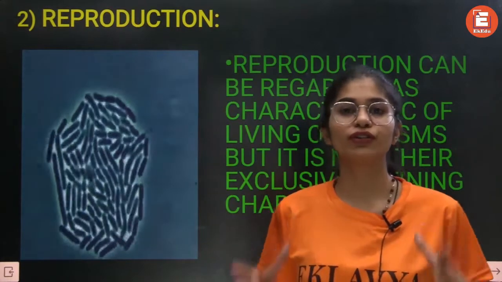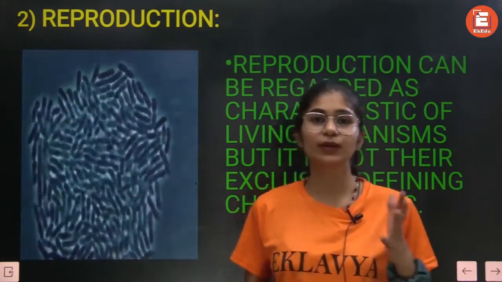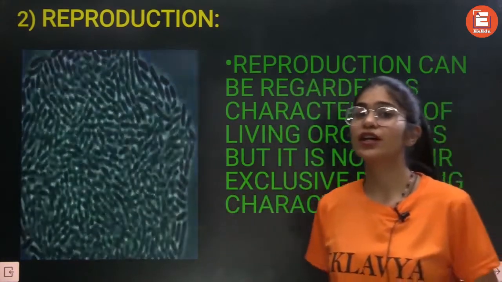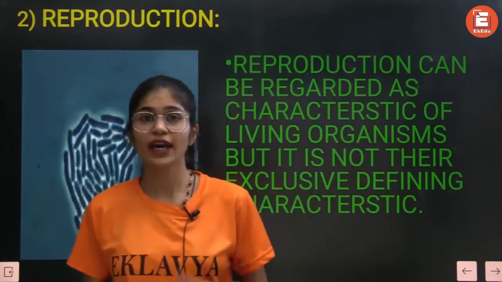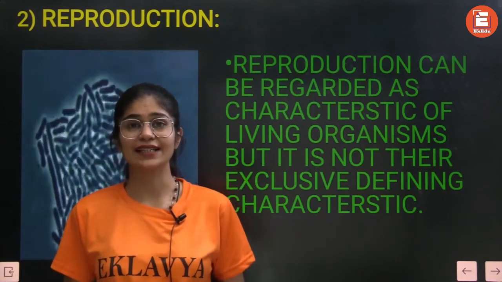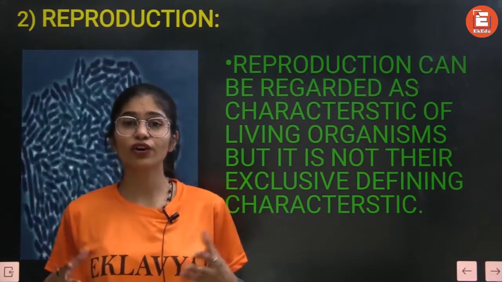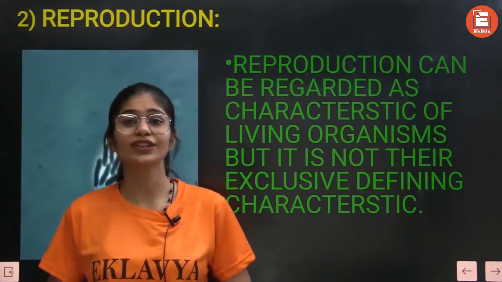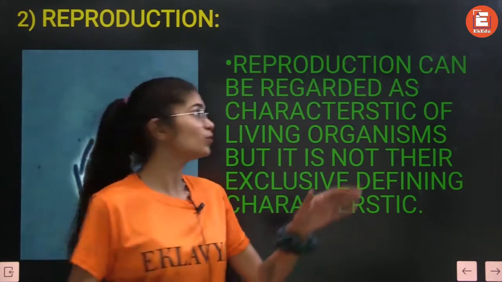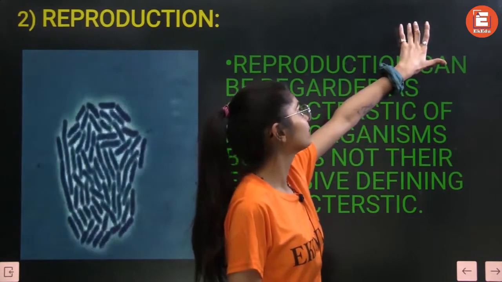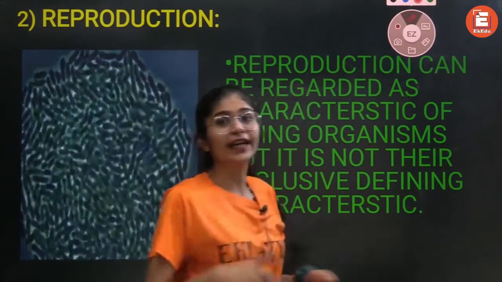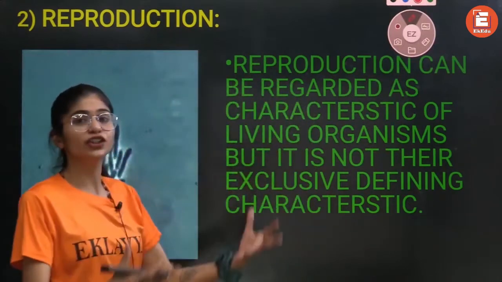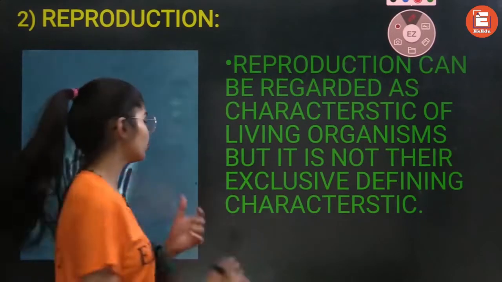Different organisms reproduce in different ways. There are a lot of organisms that reproduce through asexual reproduction. Asexual reproduction is found in algae and yeast, and there are a lot of types of asexual reproduction itself. What I am trying to tell you is that an organism divides itself to form a new being similar to itself.